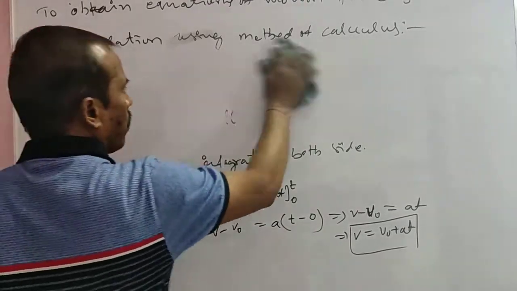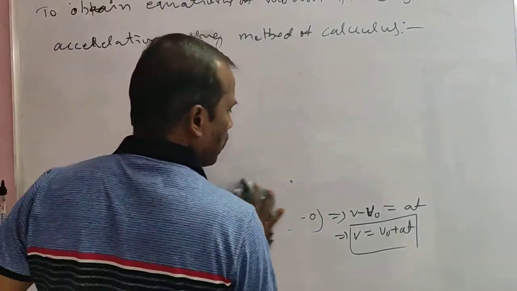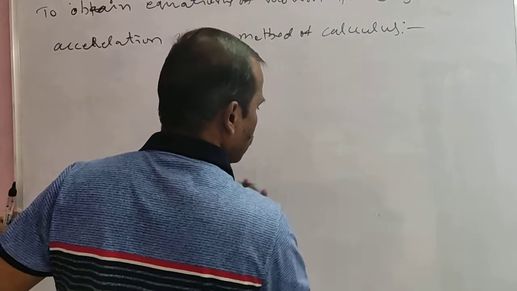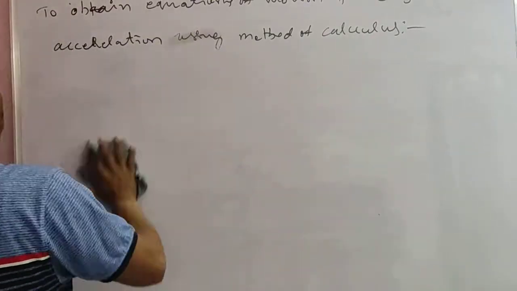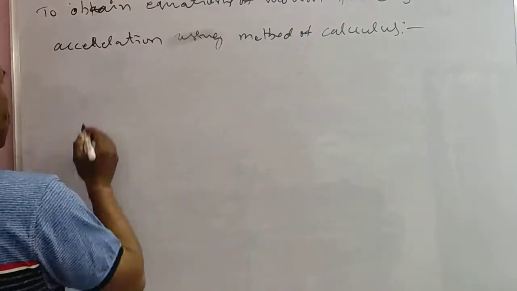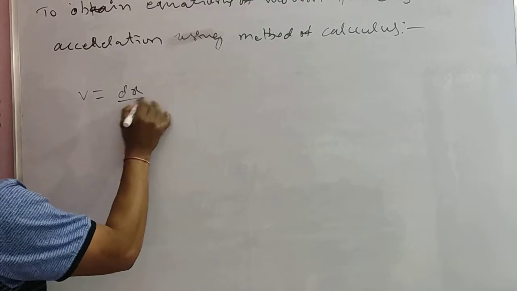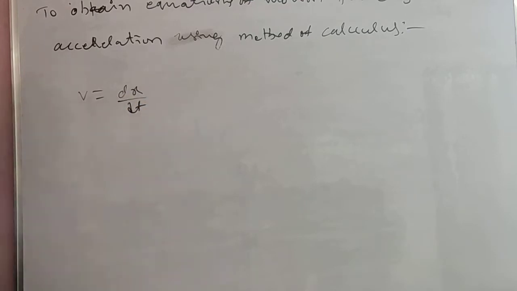Now velocity is the rate of change of displacement, simply called velocity. So velocity v is equal to dx by dt.